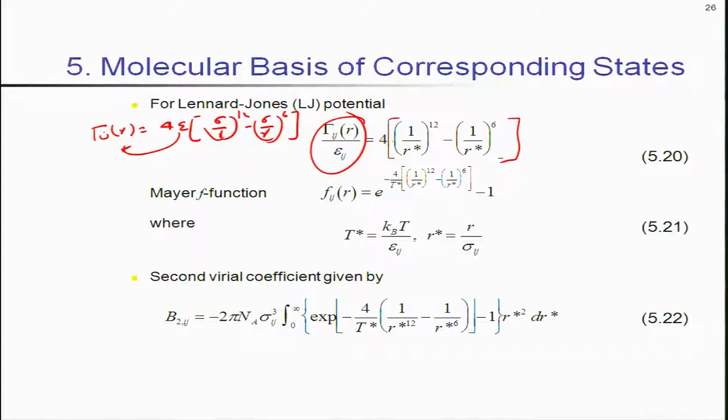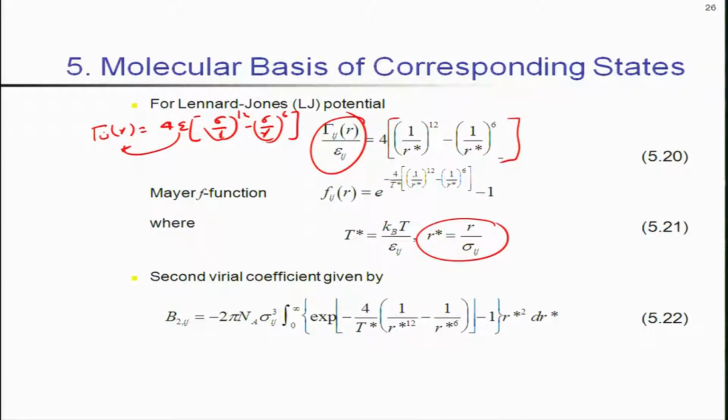With r star as r by sigma ij, I get this expression, and similarly for the other term. So this has become completely non-dimensionalized.